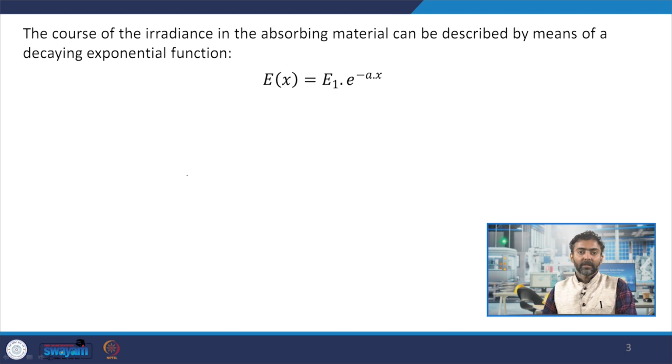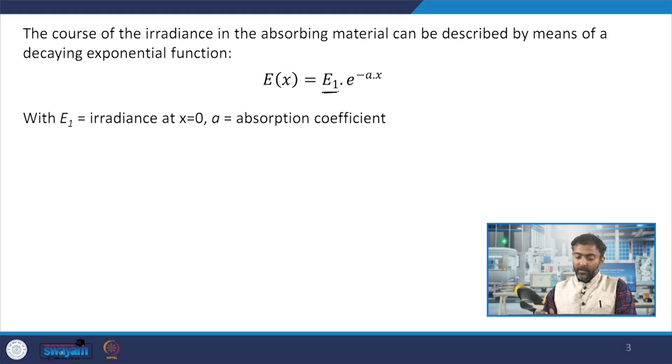E at some depth x from the surface of the solar cell can be given as E1 e to the power minus alpha x, where E1 is the incident radiation on the surface of the solar cell, x is the depth from the surface of the solar cell, and alpha is what we define as the absorption coefficient. So alpha is the absorption coefficient here, x is the depth from the surface, and E1 is the irradiance at x equal to 0, that means at the top surface of the solar cell.